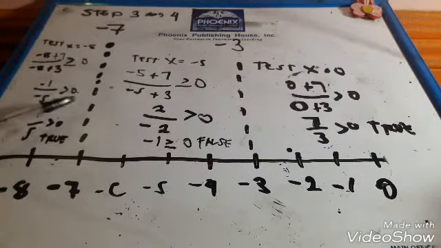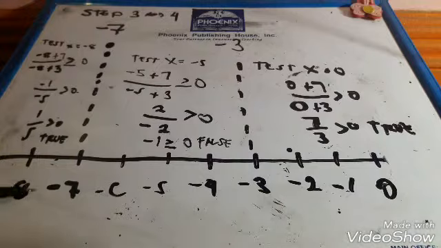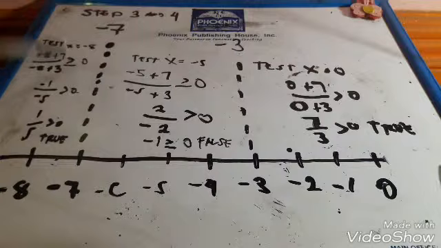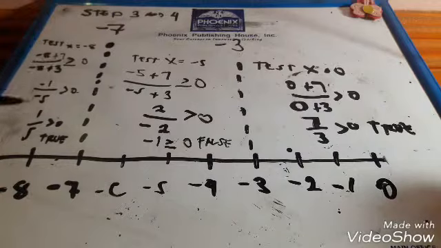First, let's test if -8 makes the expression greater than 0. The x value in this equation is changed to -8, and it results in 1/5 greater than 0.